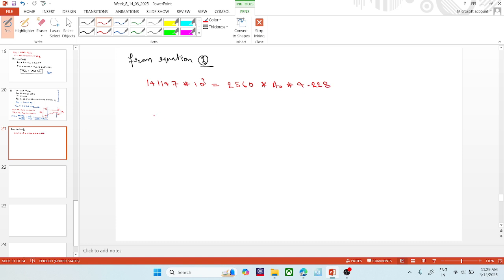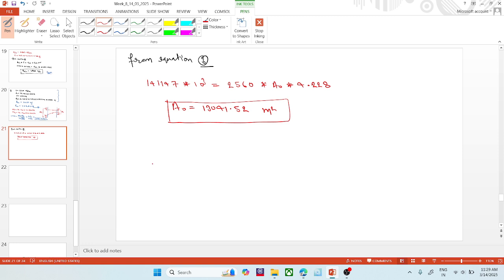So when we solve it, we will get A naught equal to 13041.52 meter square. So like this, we got the value of the heat transfer area.